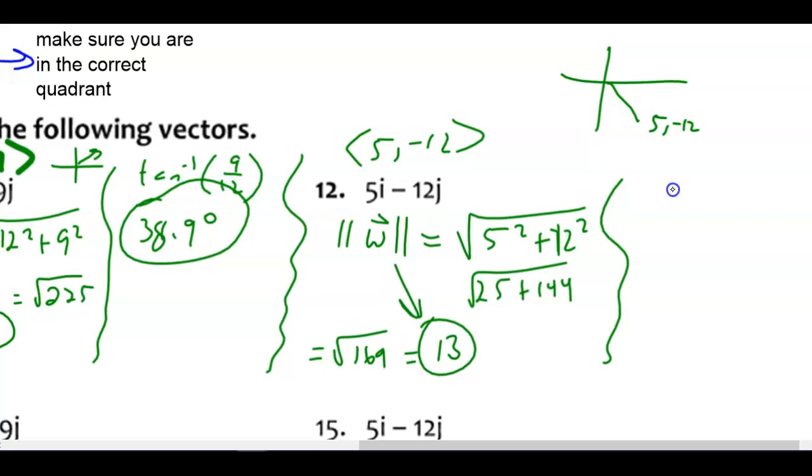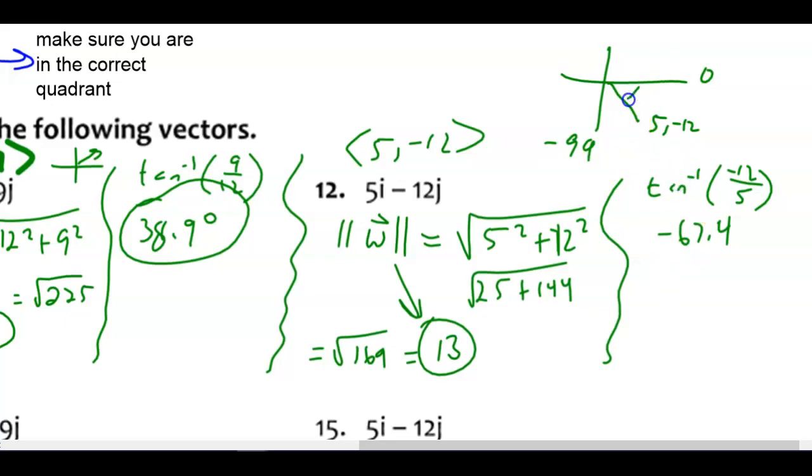So, let's see here. Tangent inverse of negative 12 over 5 gives us negative 67.4. Now, this is, guys, just like the first one, that's that negative angle right there, between 0 and negative 90, in the fourth quadrant.